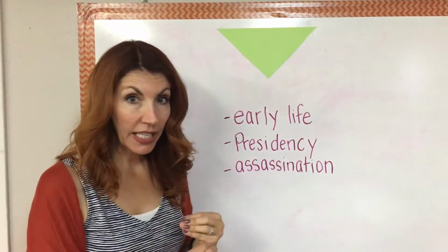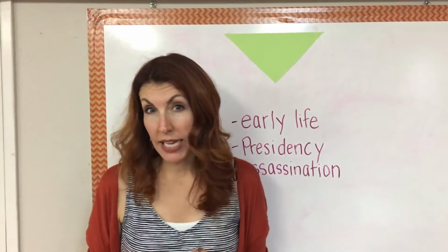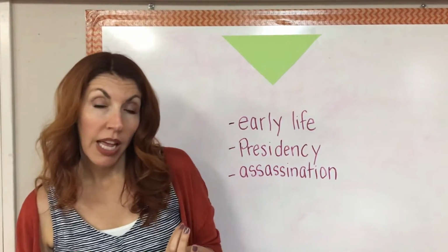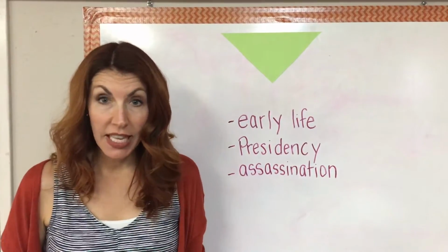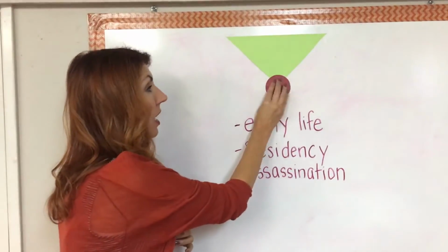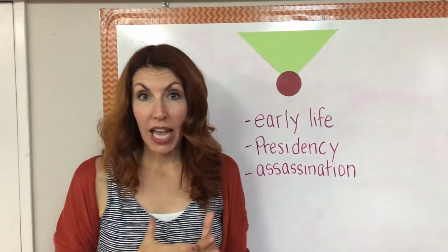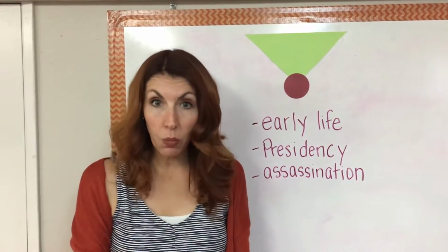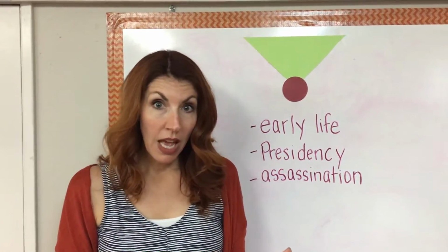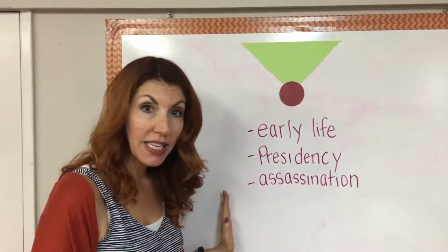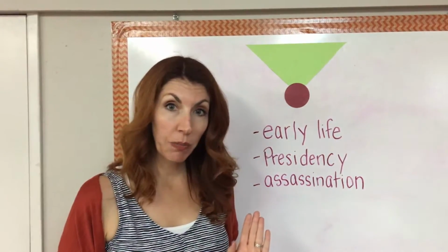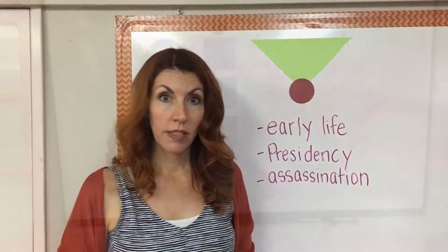So this sentence is the most important sentence of the entire paper. It's called the thesis, and it's the most important point of the whole paper. A thesis statement tells the readers this is what you're about to read. And once you write this sentence, organizing the rest of your paper is really easy.